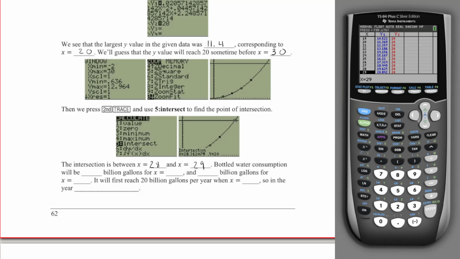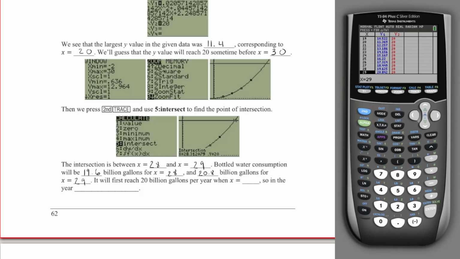So for x is 28, my bottled water consumption is about 19.6 billion, and it's about 20.8 billion for x is 29.